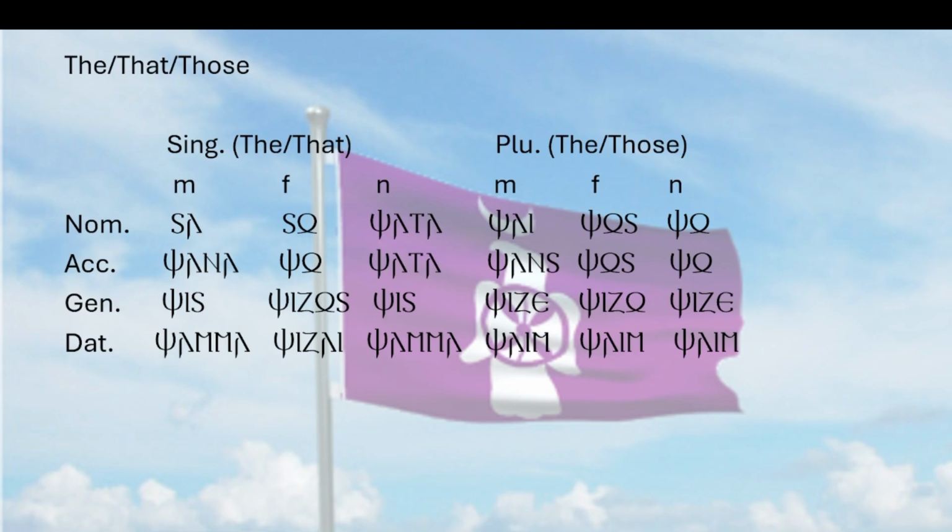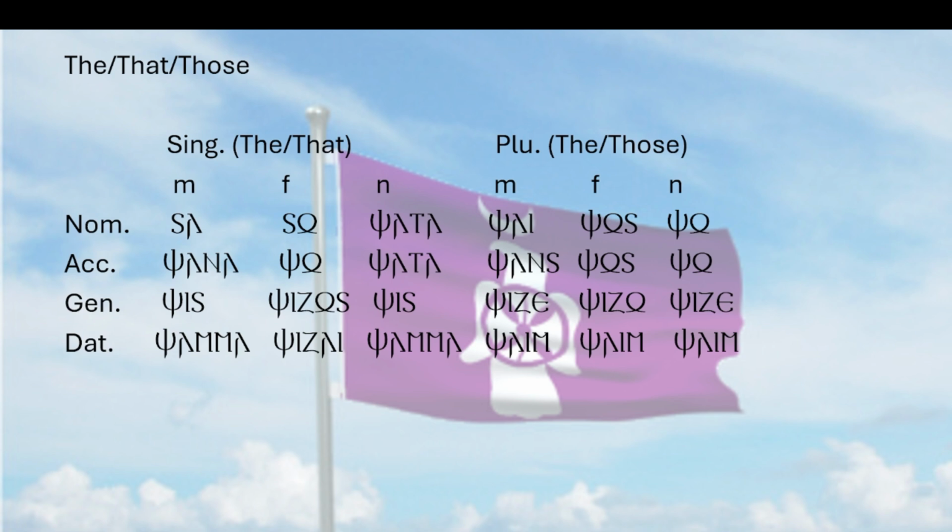So in a sentence, when you have a noun and that noun is in a certain case, if we want to add the meaning of this, the, that, or those, we will have to first find the gender of that noun that this definite article is describing, to match the gender and to match the case that the noun is in.